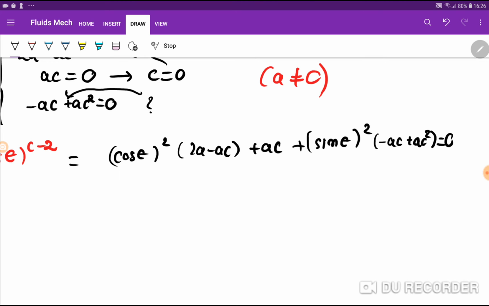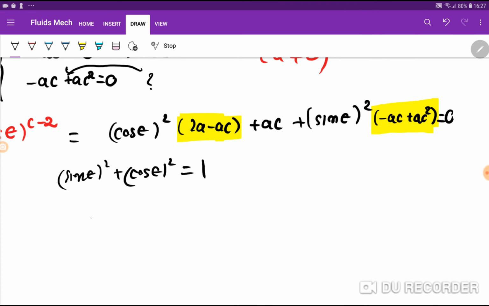This is kind of interesting. You know that sine theta square plus cos theta square equals 1, right? So if you want to generate this result, this coefficient and this coefficient have to be equal so that you can factor out sine theta square and cos theta square.